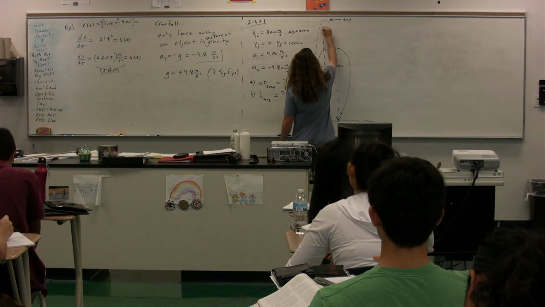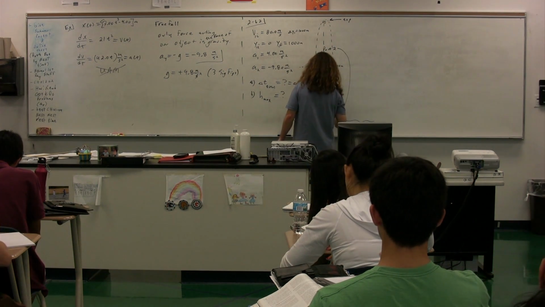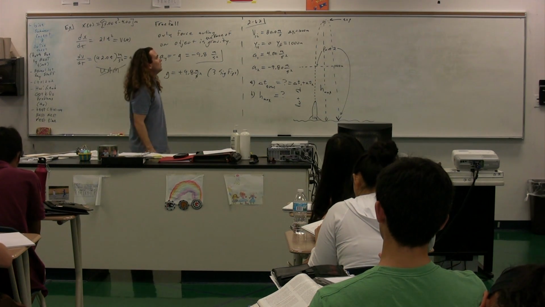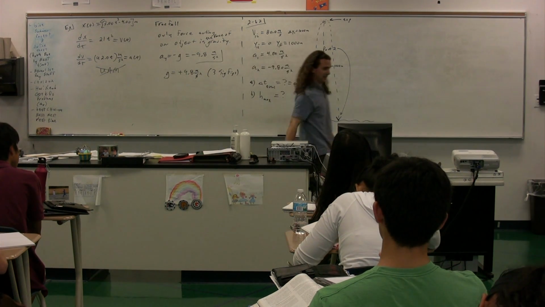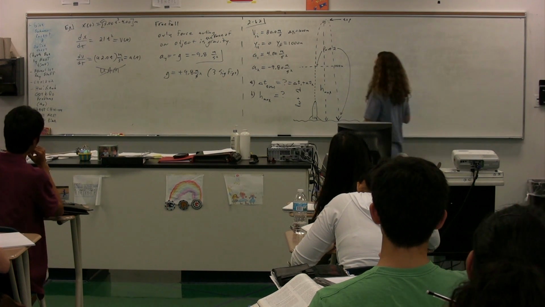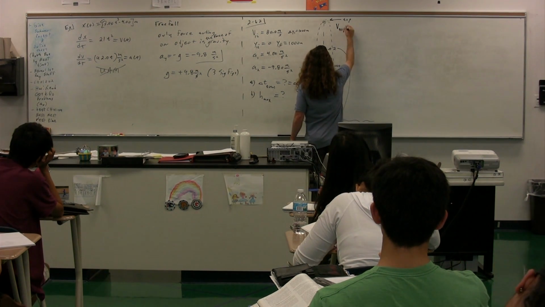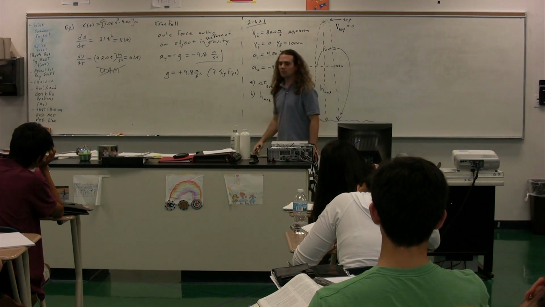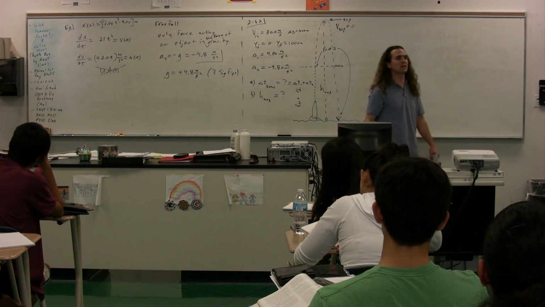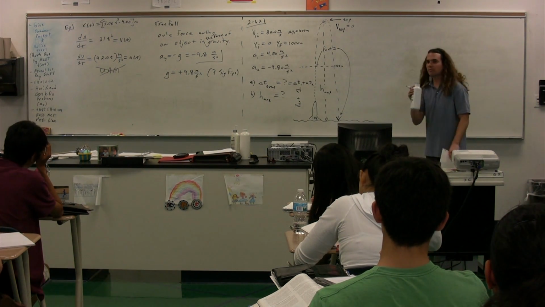It goes all the way up to there and all the way back down to here. And you mentioned something important about that. That's when the velocity is going to be 0. Remember at the very top, that is the point at which the rocket is going to stop briefly before it comes back down, where the velocity changes direction from a positive to a negative. Is that all we're looking for?